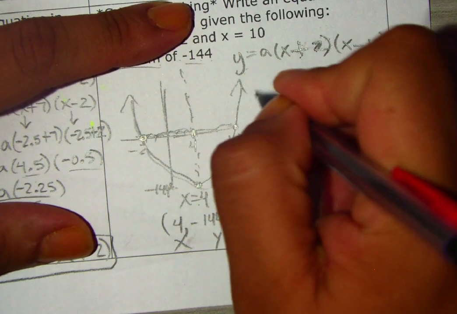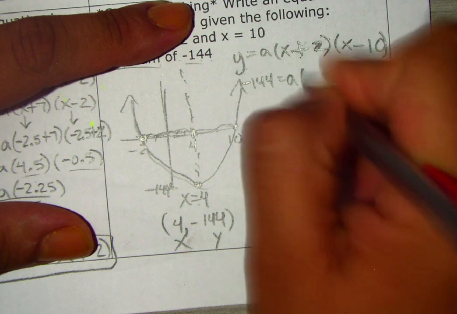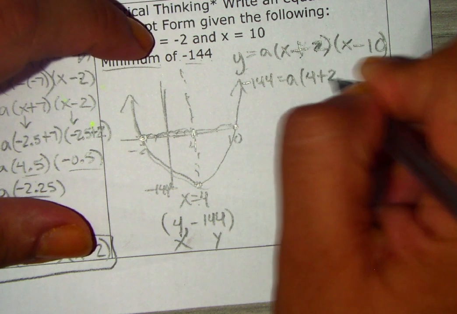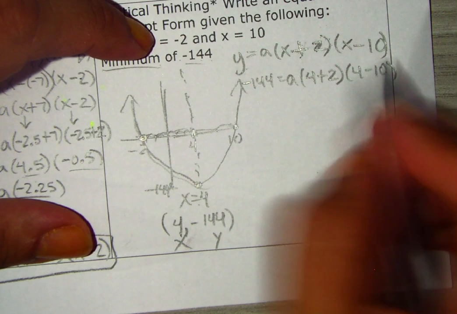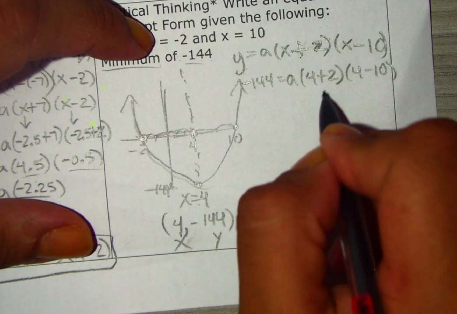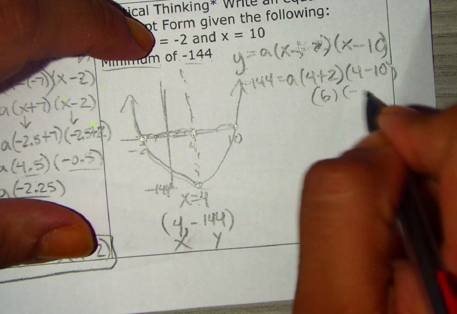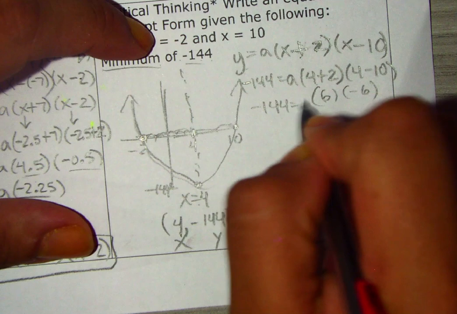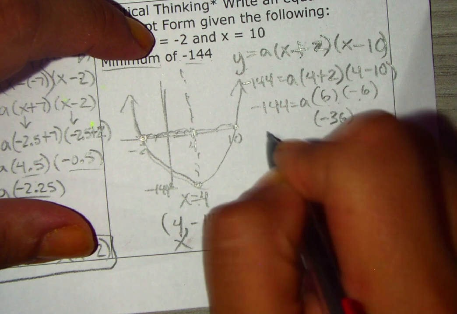So for the y value, I'm going to write negative 144 equals a. x is our 4. 4 plus 2, and then 4 minus 10. We simplify. 4 plus 2 is 6. 4 minus 10 is negative 6. So then now we have 6 times negative 6, which is negative 36.